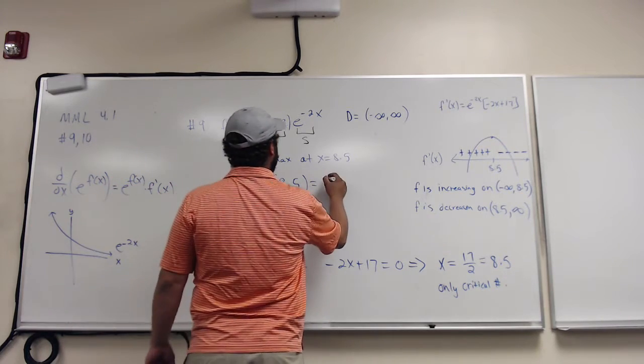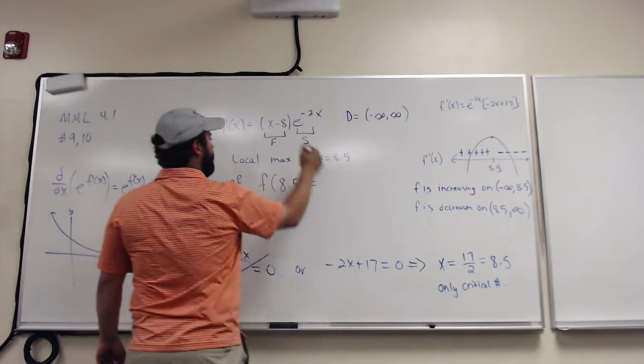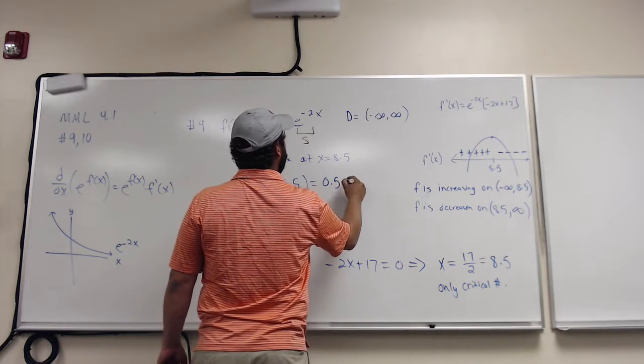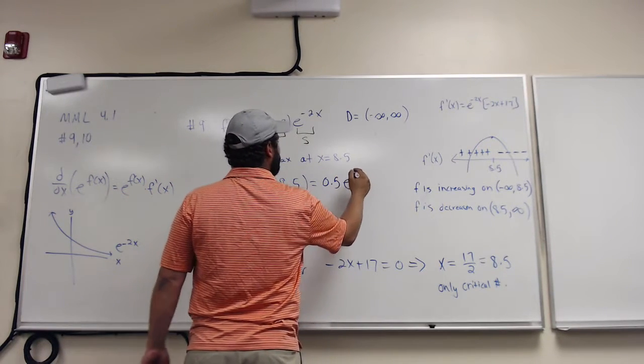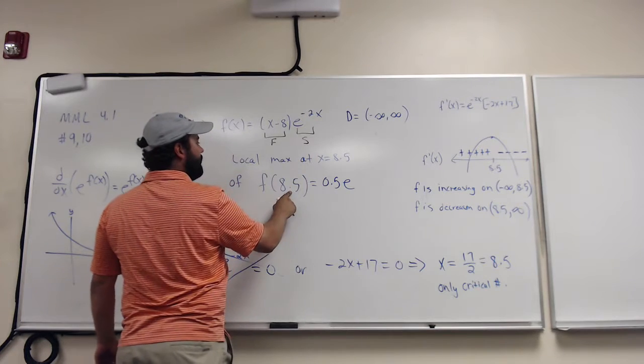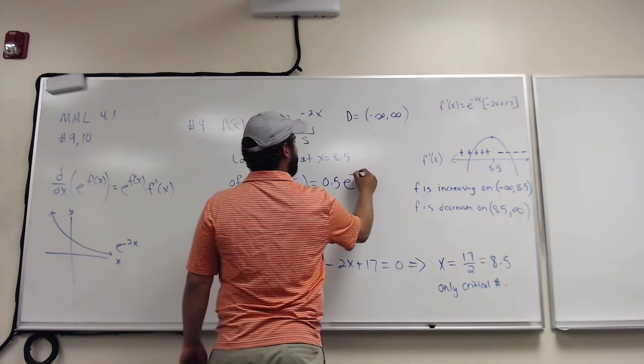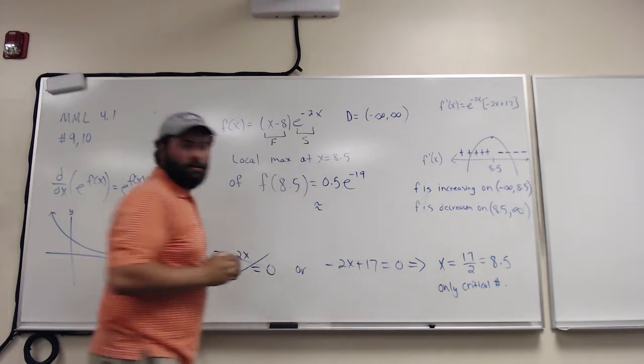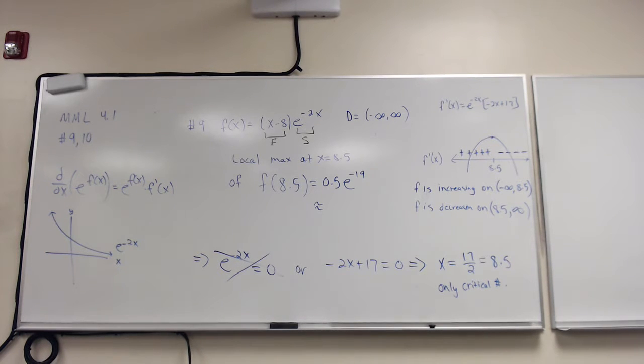This is going to be 8.5 minus 8, which is 0.5, times e to the negative 2 times 8.5, I believe, which is minus 19. And they want you to round to 4 decimal places. It's just 0.0000. Is it really?